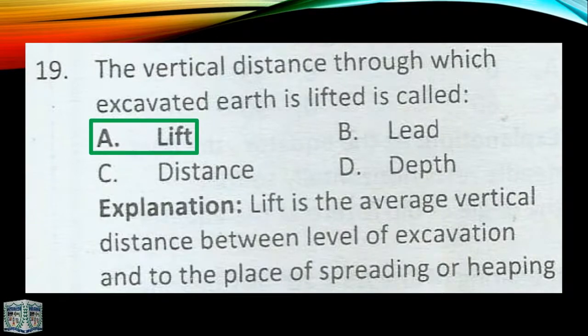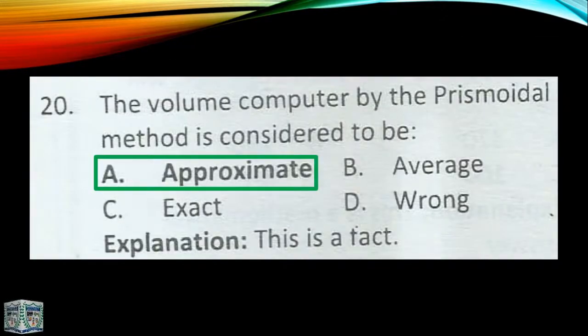The lift is the average vertical distance between level of excavation and the place of spreading or heaping. Question 20. The volume computed by the prismoidal method is considered to be the option A, approximate. It's a fact.